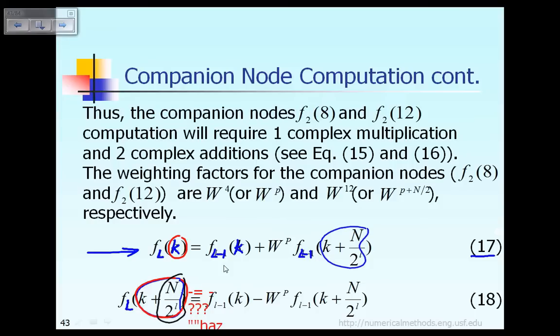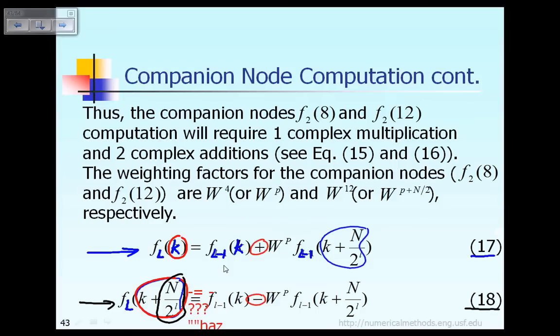Now, if you compare equation 17 and equation 18, which show the computation of FLK and the companion node, FL of K plus N divided by 2 to the L, the computation is almost the same. The only difference is that instead of plus the product, here you have minus the product.